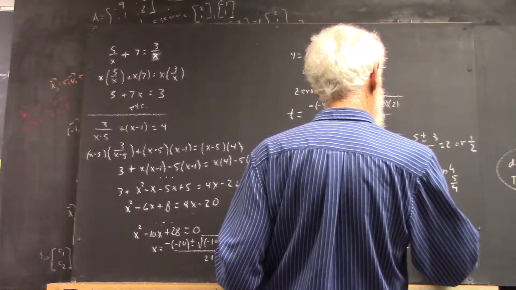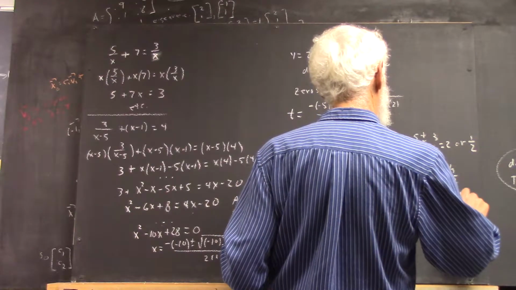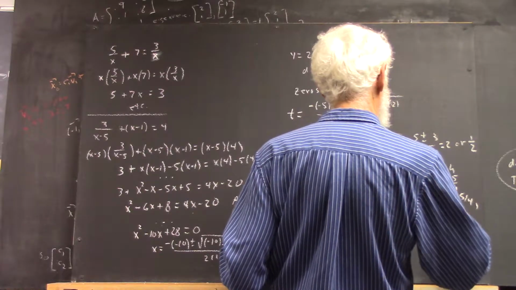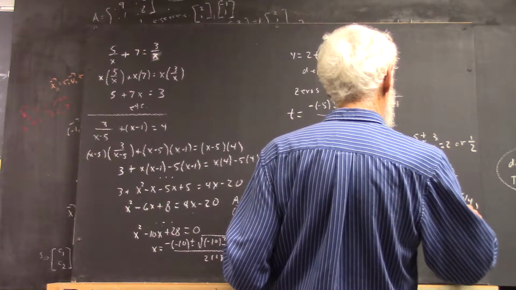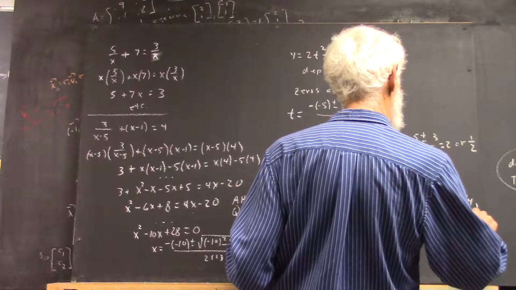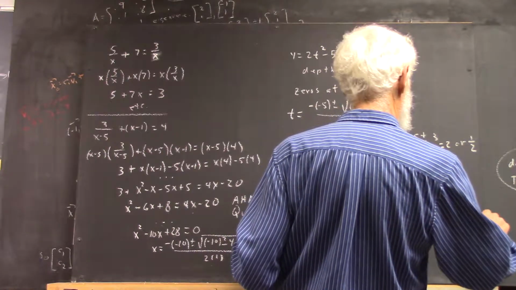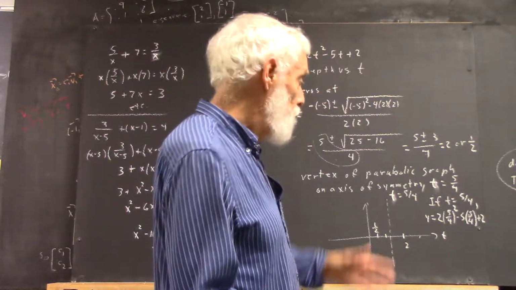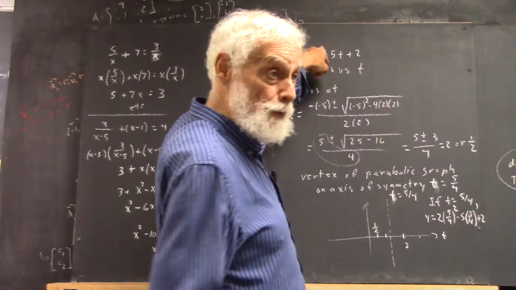So if t equals 5/4, y equals 2 times 5/4 squared minus 5 times 5/4 plus 2. In other words, I'm just plugging 5/4 into this, right?